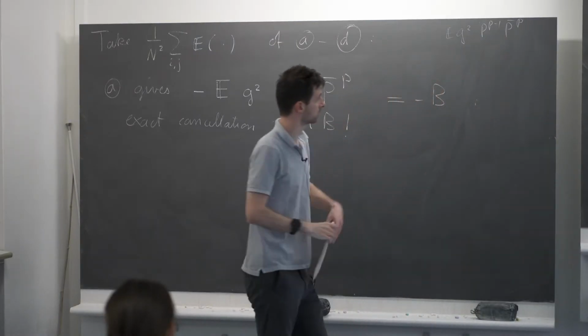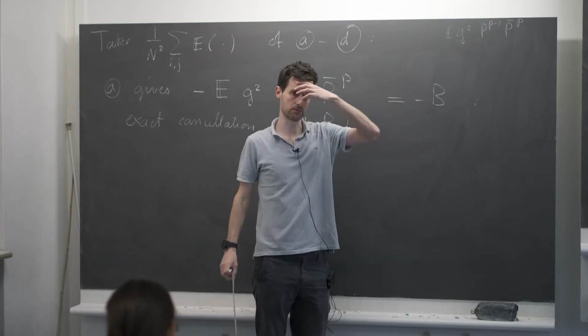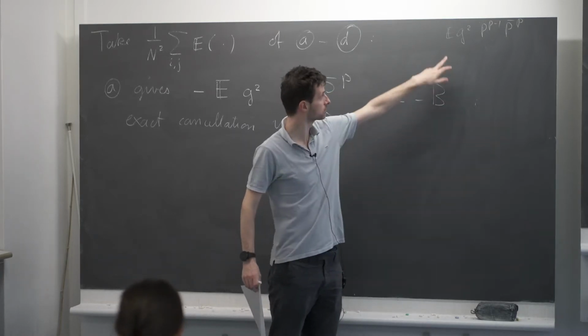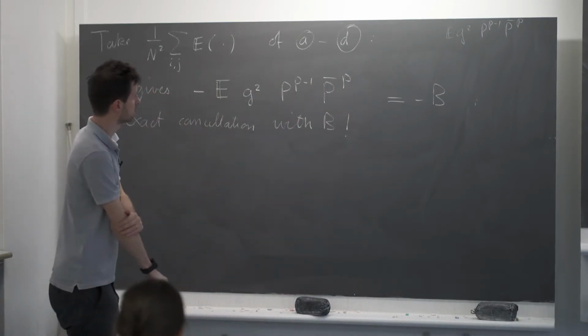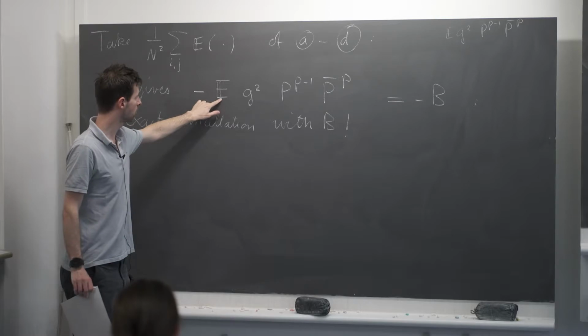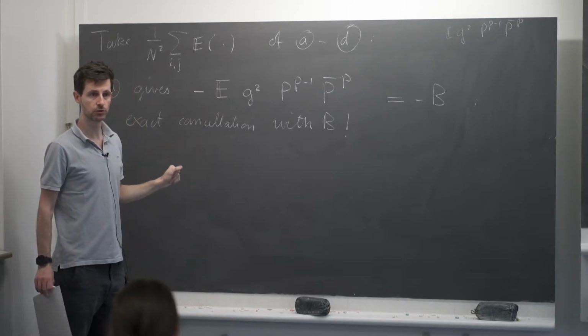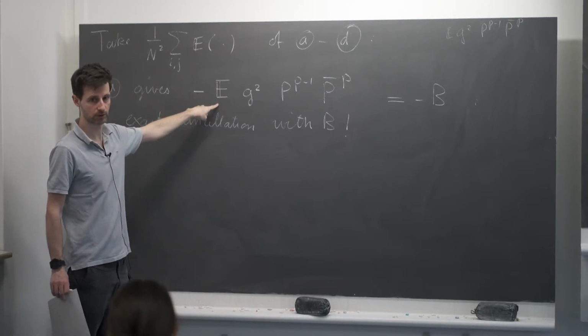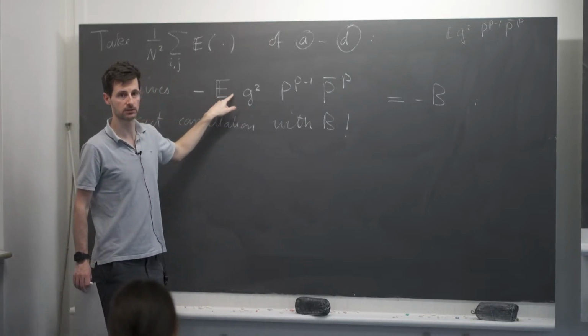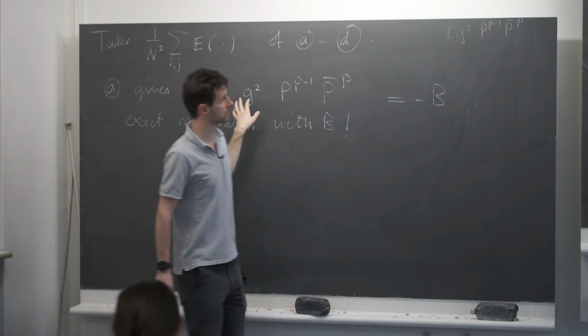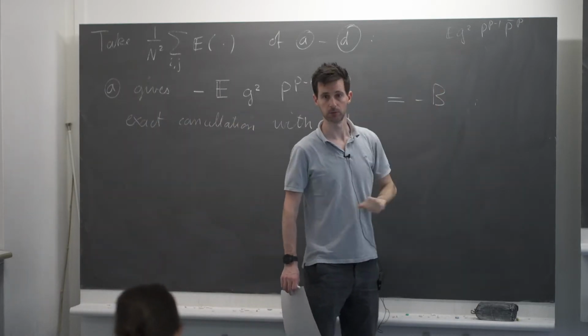This was the term that came from the quadratic term in my polynomial P, right? Another way of viewing it is that if you did not know which quadratic polynomial to choose, this calculation would tell you which one you have to choose. You have to choose g squared because this term has to be cancelled by the quadratic term in this polynomial.